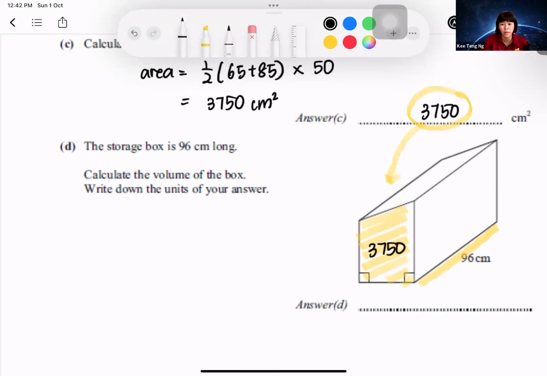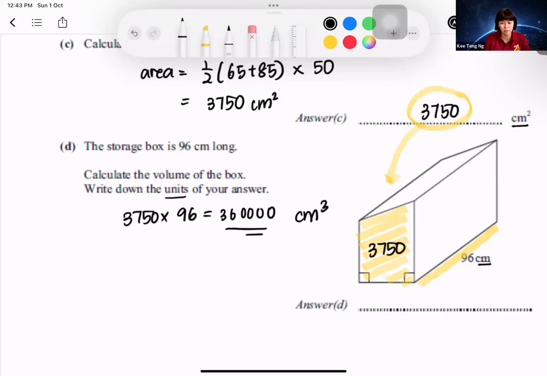So what do I need to do? I need to take 3750 times 96 to find the volume. And you notice this is cm squared times cm, so your volume will be cm cubed. They say write down the units of your answer. And you get 3, 6, 1, 2, 3, 4.